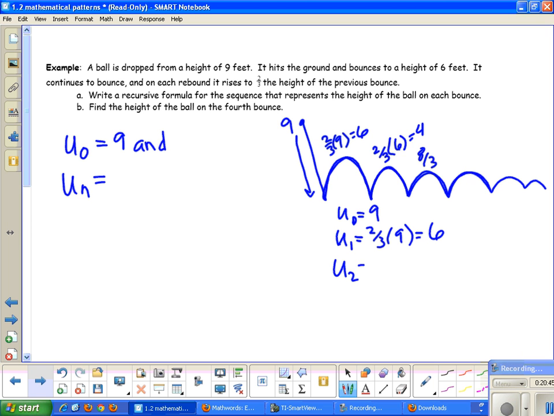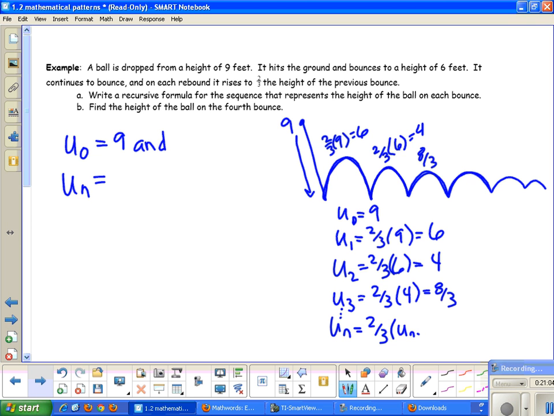U sub 2 would be equal to 2/3 times my previous term, which is 6, which is equal to a value of 4. U sub 3 is equal to 2/3 times 4, which is where you get 8/3. So u sub n would be equal to 2/3 times my previous term, so 2/3 times u sub n minus 1.